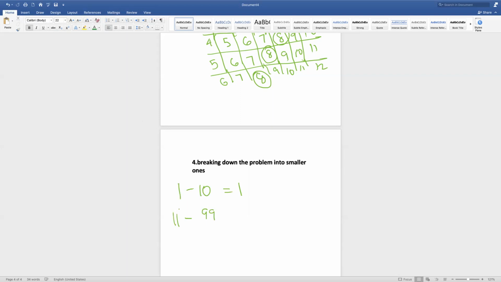So there would be 1 7 per each 10, but we already took 1 for the first 10 numbers. So 1 7 per each 10, that would be 9. But don't forget the 70s, 70, 71, 72, they all have 7s. So we're going to do 9 plus 10, which would be 19.